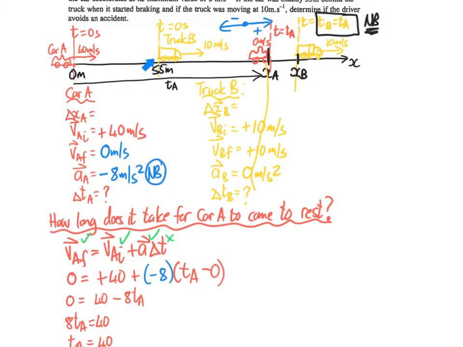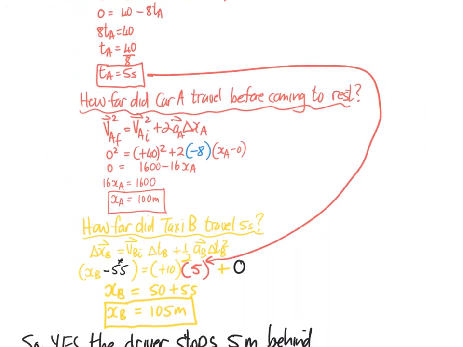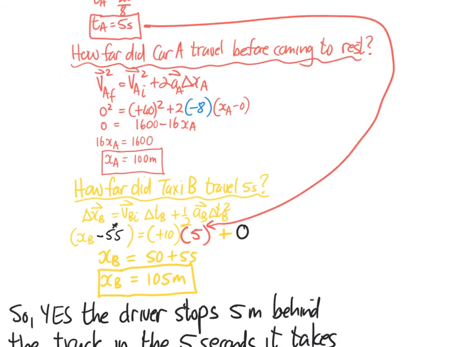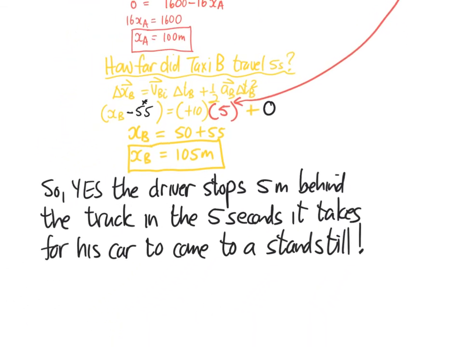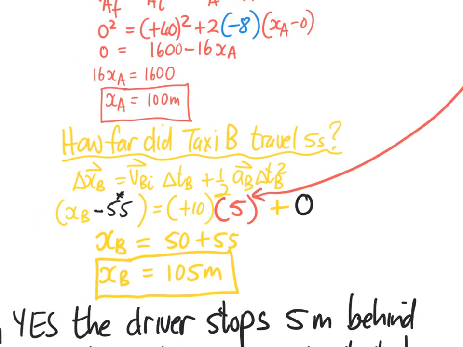But what happened to truck B? How far did it travel in the 5 seconds? TB equals TA, because the important thing is, where is the truck when this car actually comes to rest? So if we now work this out, we use delta x equals VB initial delta t plus a half a delta t squared.